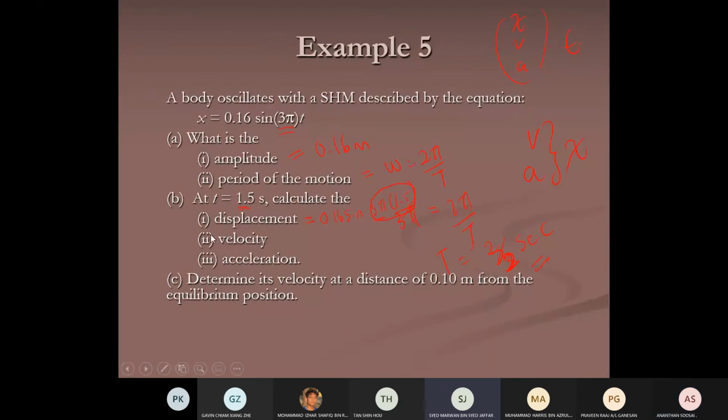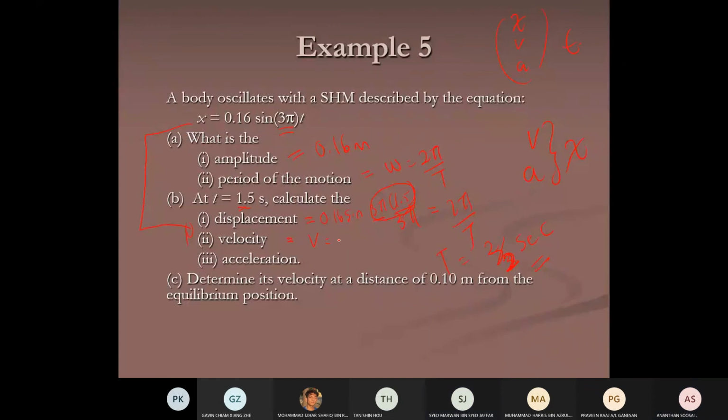Okay, do the velocity and acceleration. So how do you get your velocity? What formula do you use? The displacement you differentiate, right? You differentiate the sine, the velocity formula is what?